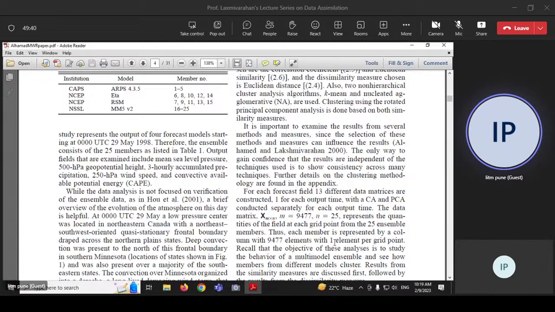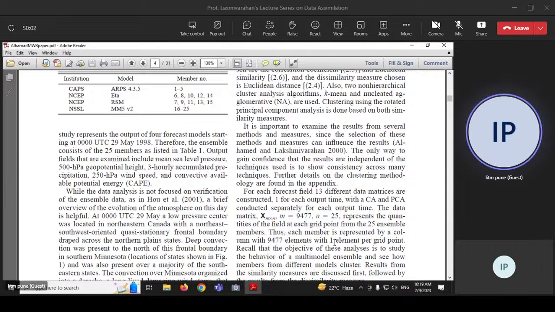For how many fields? The sea level pressure, 500, 300, 250, convective, 5 fields, and each of these for every 3 hours, up to 72 hours. All of it, man.